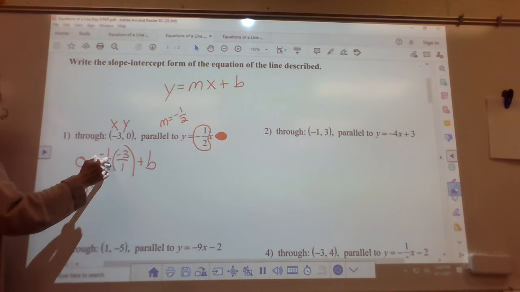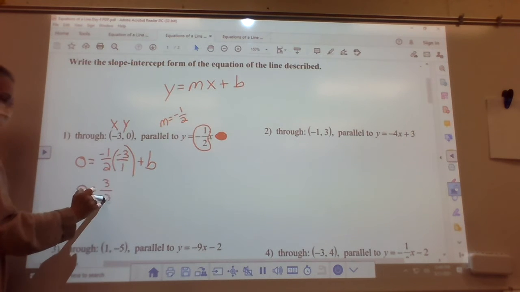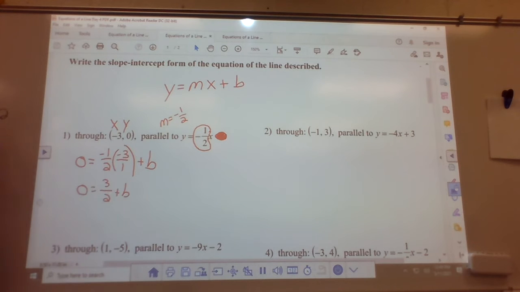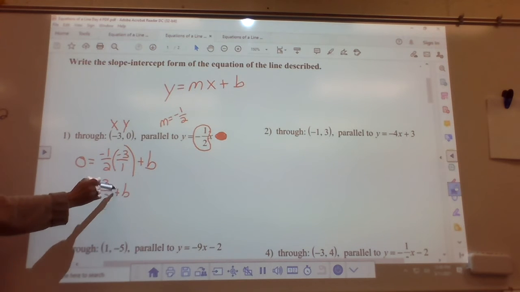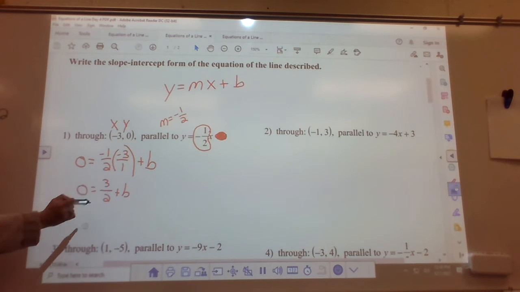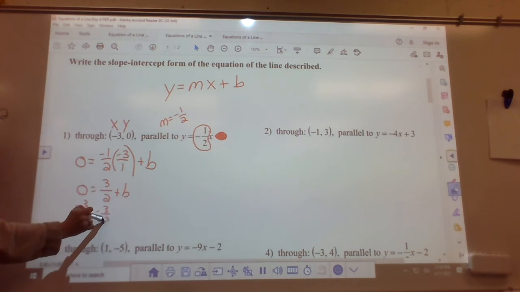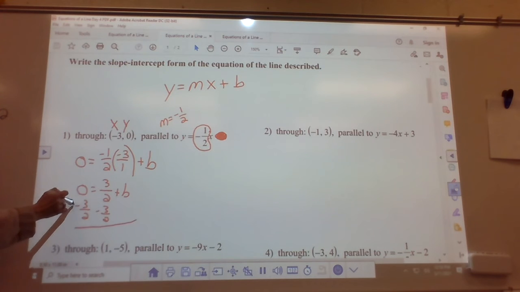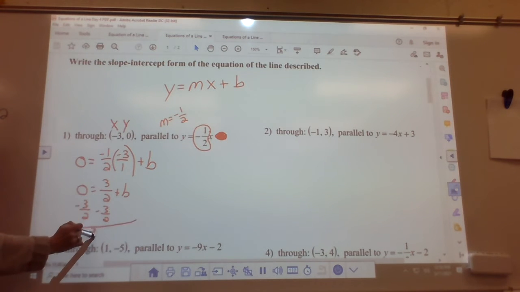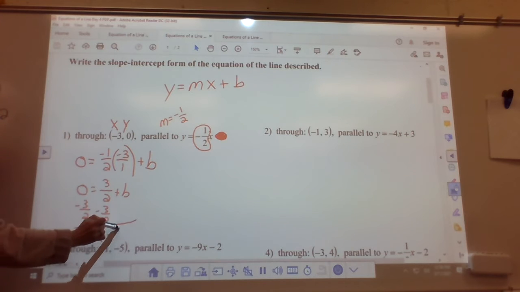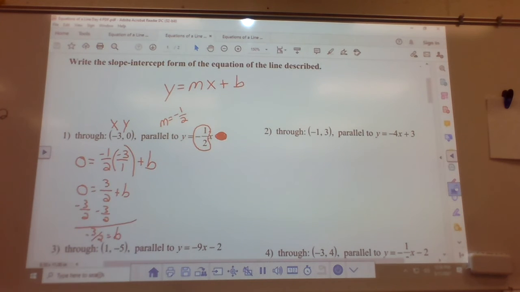I get a 3 on top, 2 on bottom. Plus b comes down. I still need to get rid of the 3/2 like I always would. So I'm going to subtract 3/2. Now this one isn't too bad, because it's just 0 subtract 3/2, which is going to be -3/2. And that gives me b. So that one's not horrible. But there are 2 on the back that do get a little bit strange because of the fractions.